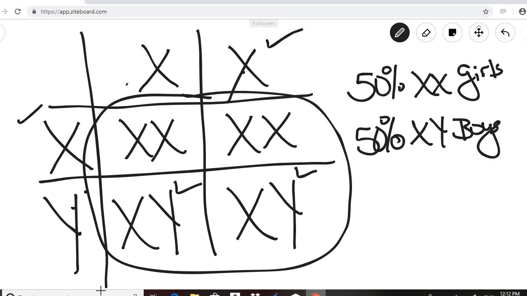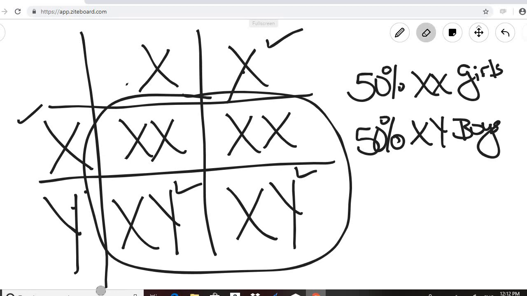And again, these are probabilities, so it's not going to come out exactly like that in every family. But if you were to look at a couple hundred or 1,000 offspring of lots of couples worldwide, it does come out that about 50% are girls and 50% are boys conceived.